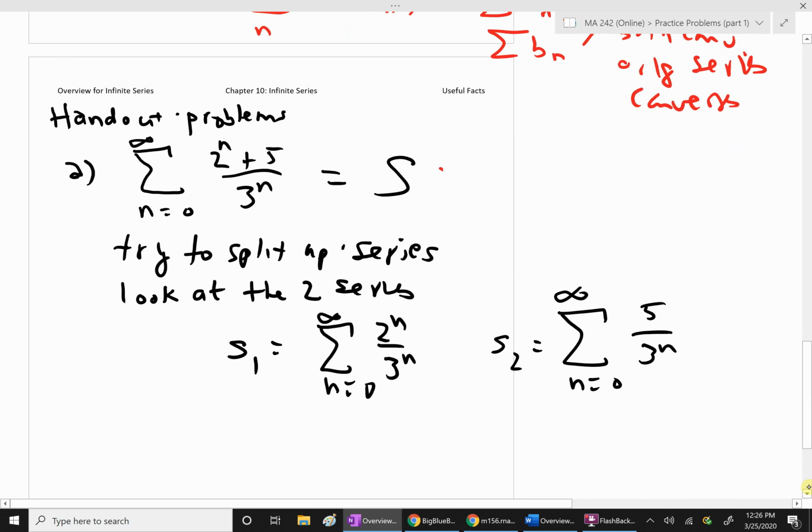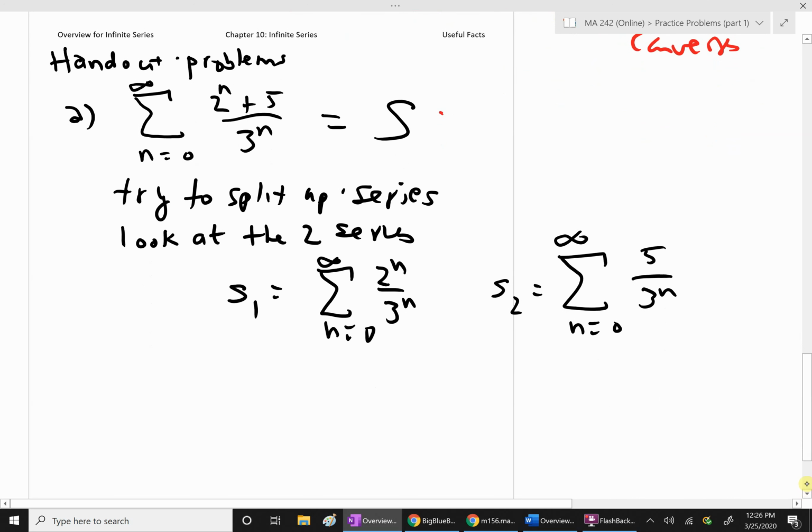Can I say anything about the convergence of either of these series? Looks like you could do a root test on S1. Okay, I could do a root test on S1. So what does the root test say?